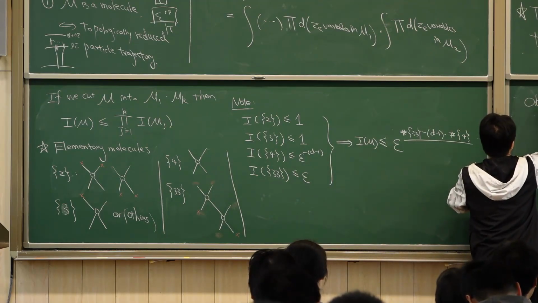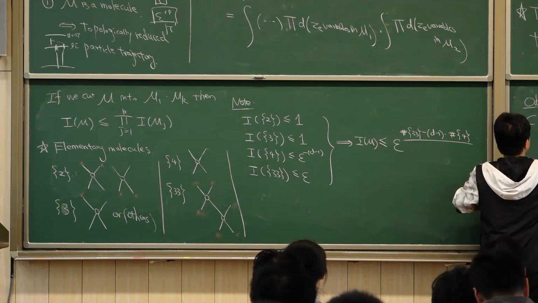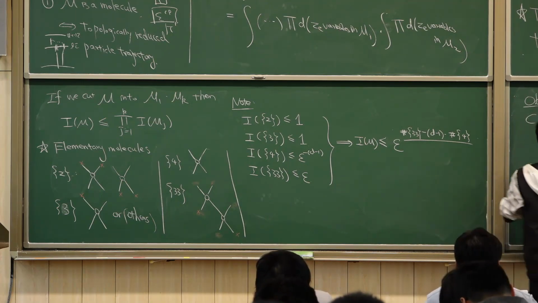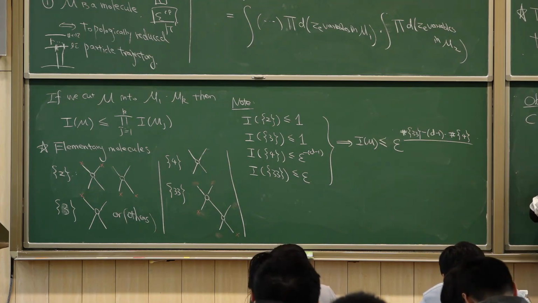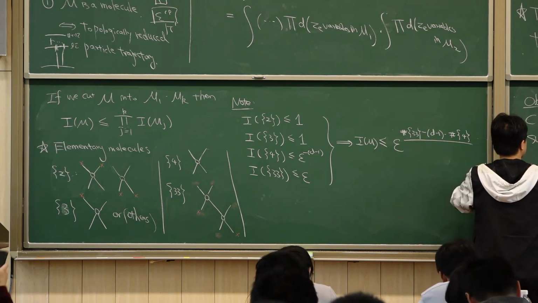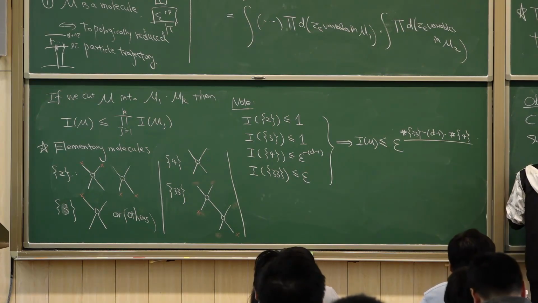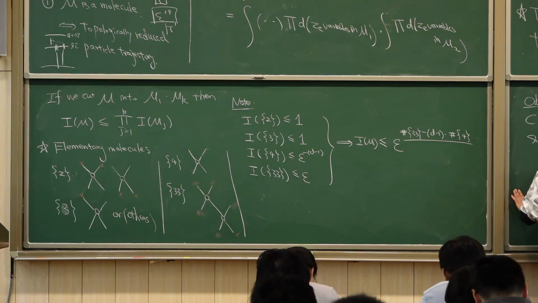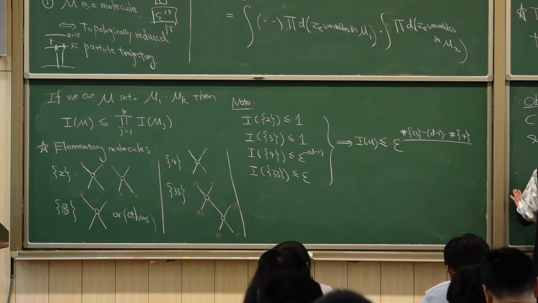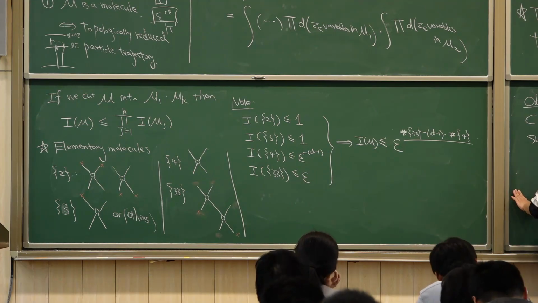Objective. Cut M into elementary molecules such that the number of 3-3s is bigger than a little constant c times rho, and the number of degree 4 is less than some constant times the number of 3-3s.